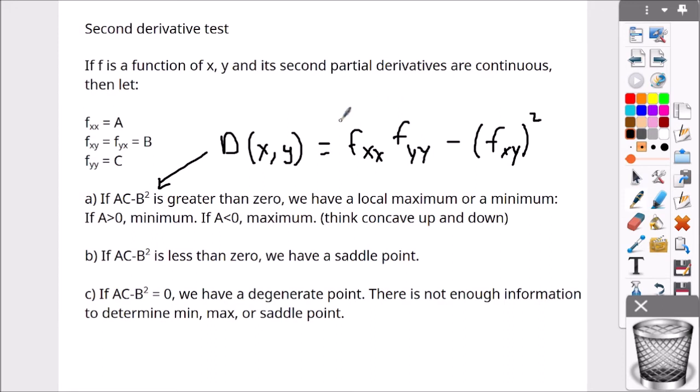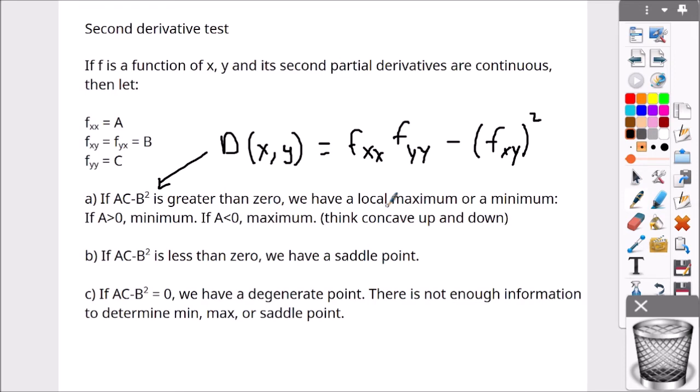Now, if you have a big f sub xx and a big f sub yy, and especially if they're the same sign, then there's a very high chance that it's either both concave up or both concave down, and that would make it very easily a maximum or a minimum. If they are different signs, then that's 100% guaranteed to be a saddle point.